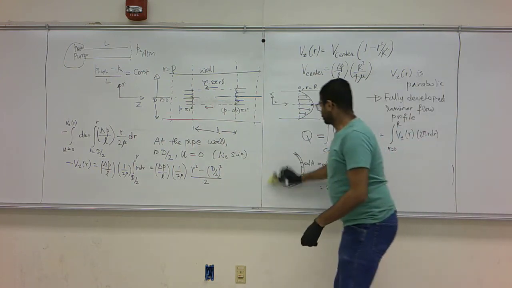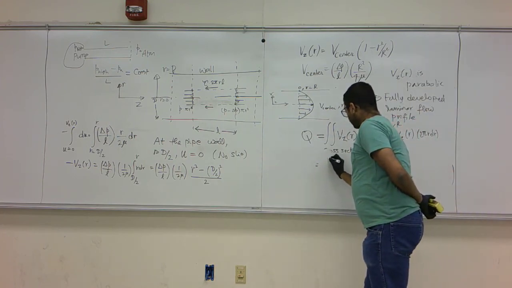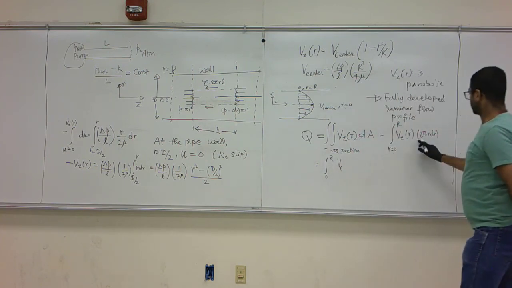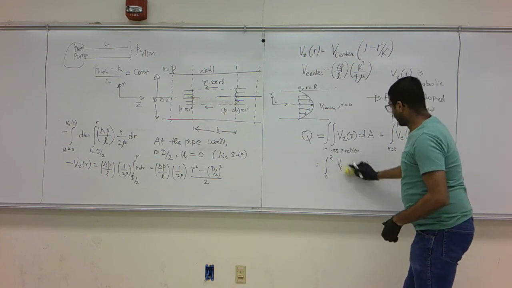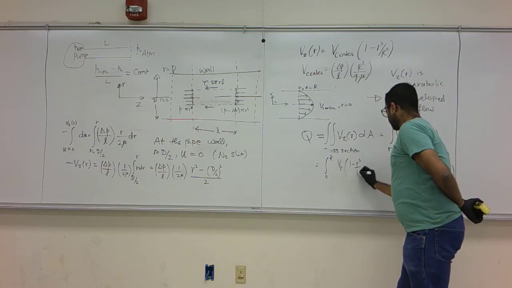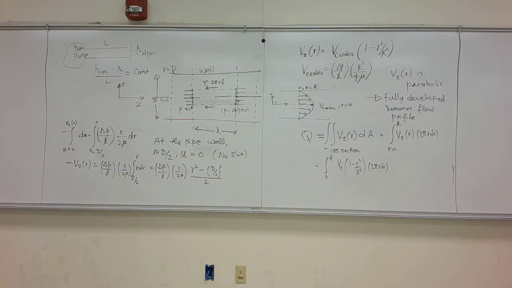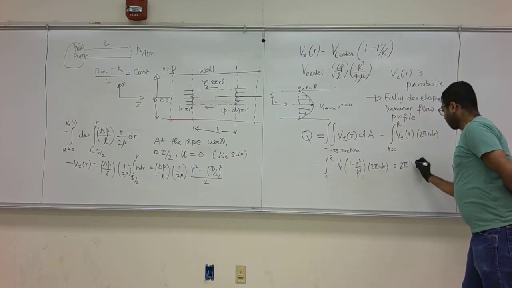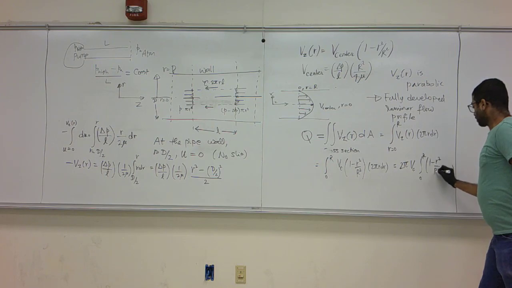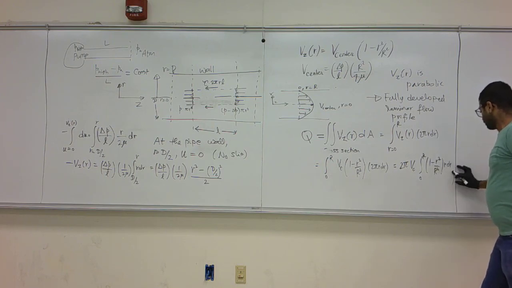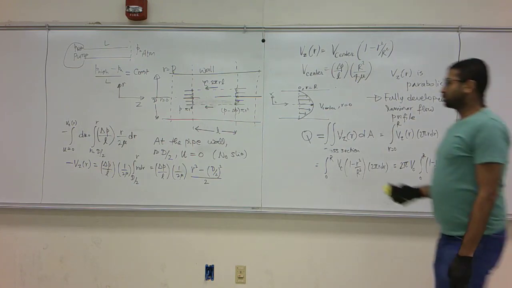So if you do that, we have Q equals the integral from 0 to R of V center times 1 minus r squared over R squared times 2 pi r dr, which I can write as 2 pi Vc times the integral from 0 to R of 1 minus r squared over R squared times r dr. So all I am doing here is integration.